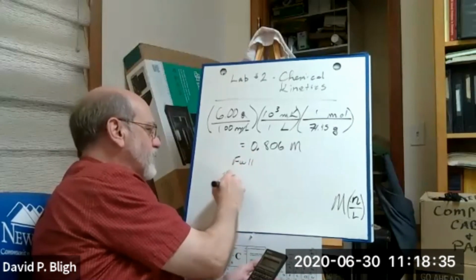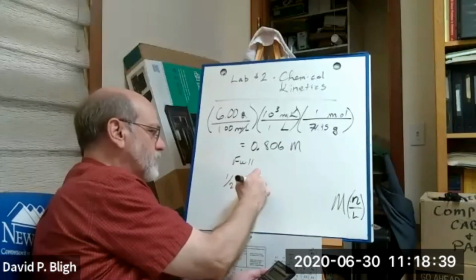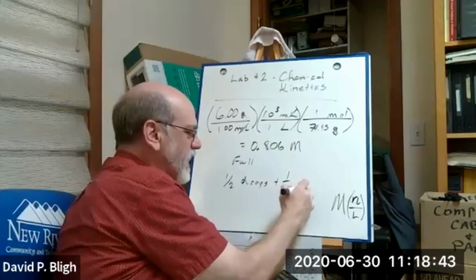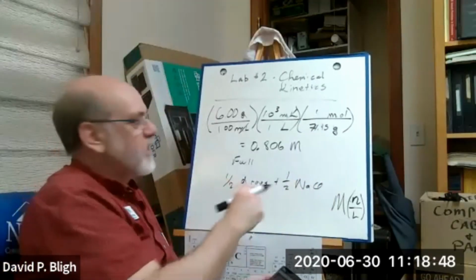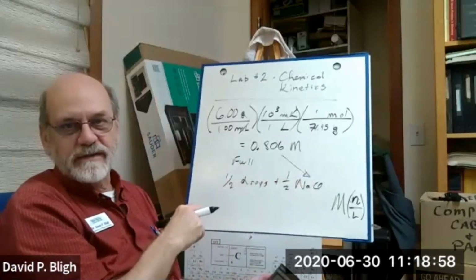Half strength, you would add half the number of drops. You add the other half as sodium chloride. So you also need that concentration for your sodium chloride for the dilution.